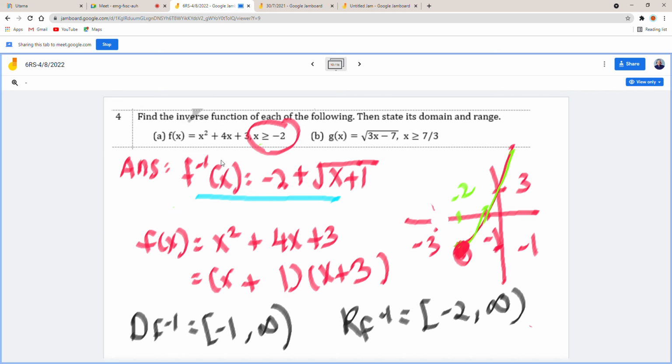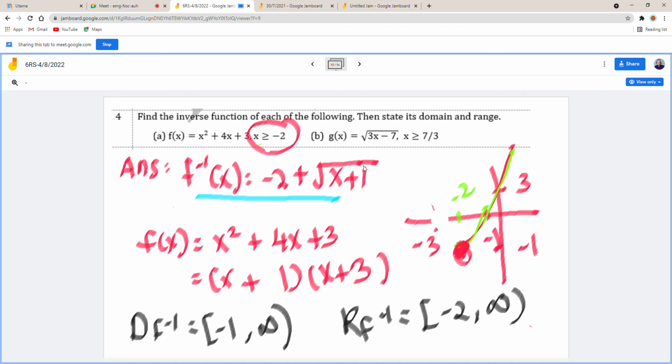For this one, you don't have to sketch the inverse graph, because this one is kind of complicated, and they didn't ask us to sketch the inverse graph. So what we do is we sketch the square graph, the quadratic. Then we take the range as the domain of the inverse.